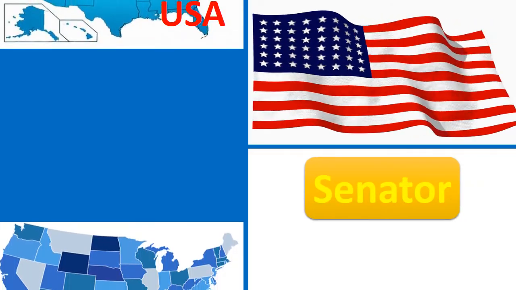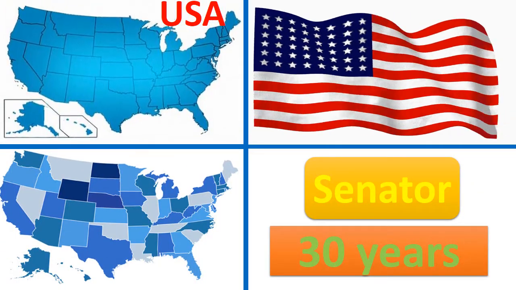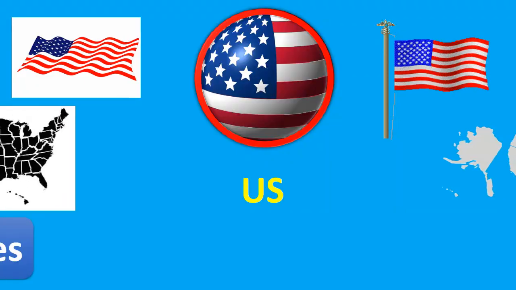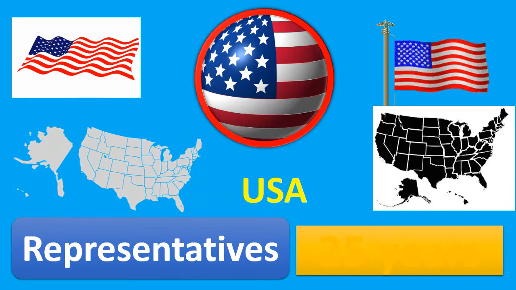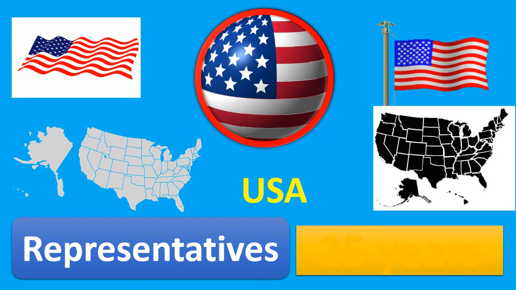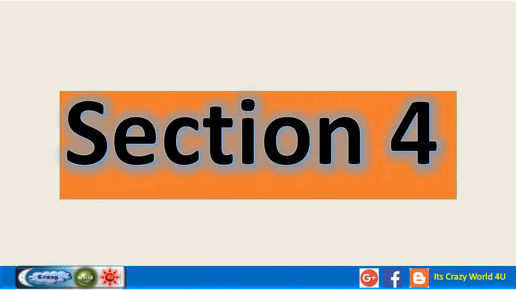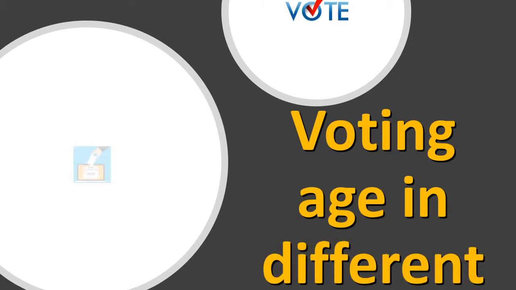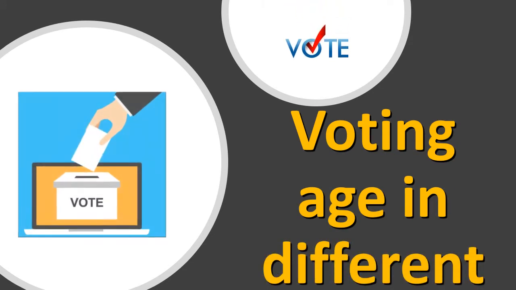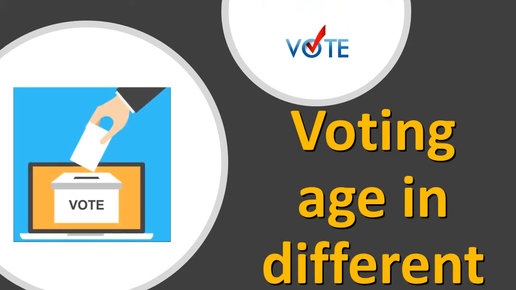For senator, the minimum age is 30 years. For representatives, the minimum age is 25. We will see the age limit set by different countries for contesting different elections.